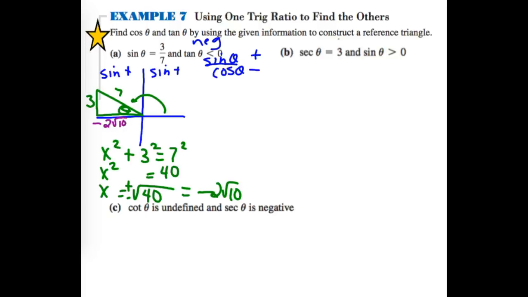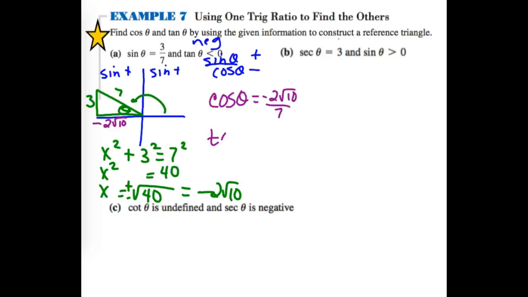They asked me to find cosine and tangent. All right, so now that we have our triangle labeled, the cosine of my angle is my x coordinate over r. So negative 2 root 10 over what? 7. Okay.